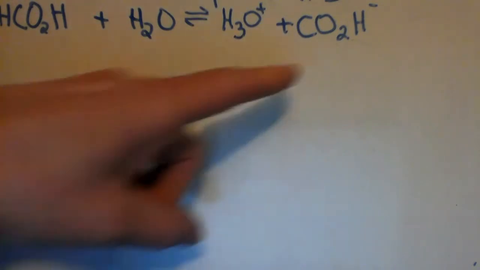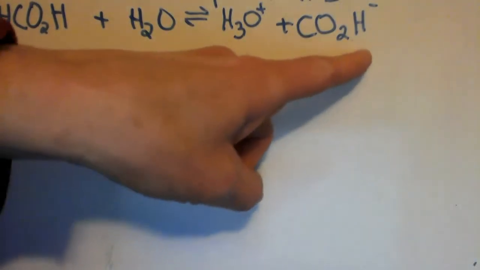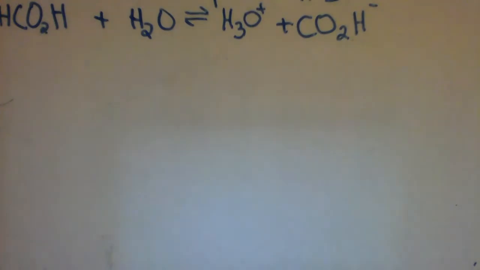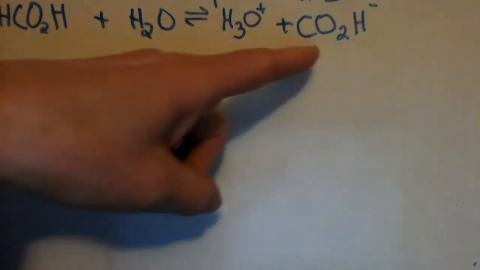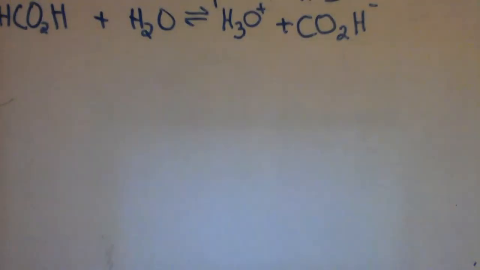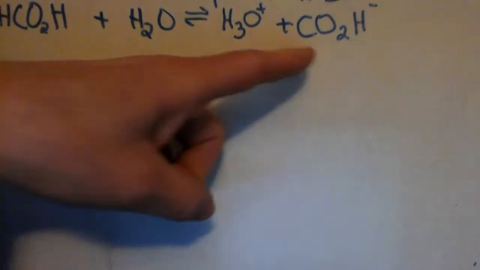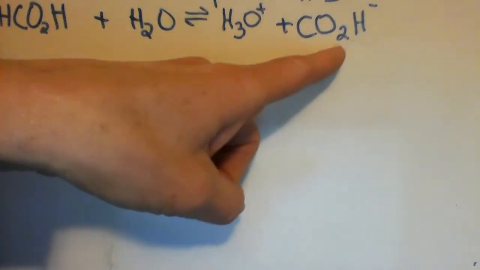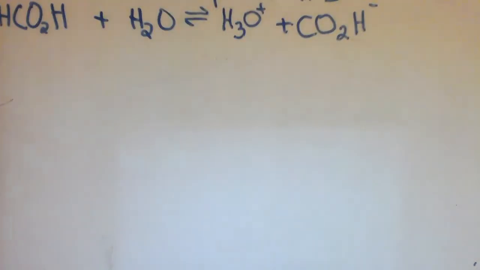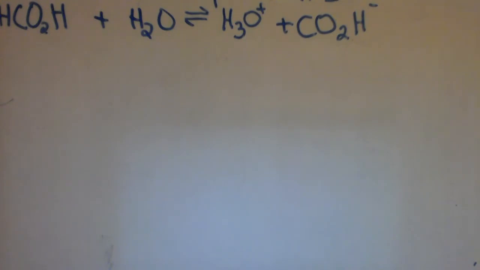Now we see that we have CO2H that's left after the hydrogen proton was donated to water. This compound has a negative charge because when a proton is given away and the electron is kept in this molecule, the electron doesn't have a positive charge to balance it out, so the whole molecule has a charge of -1.